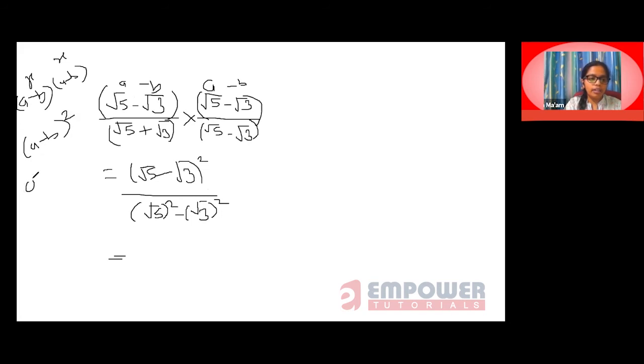So I can use this formula of expansion, a square minus 2ab plus b square, because if you multiply two such brackets, a minus b into a minus b, what will you get? a into a will be a square, right?